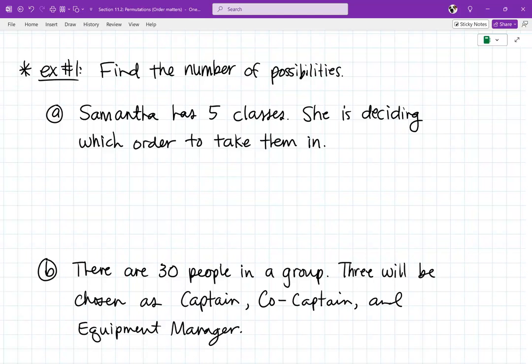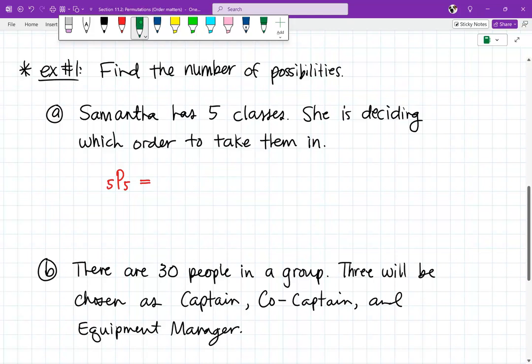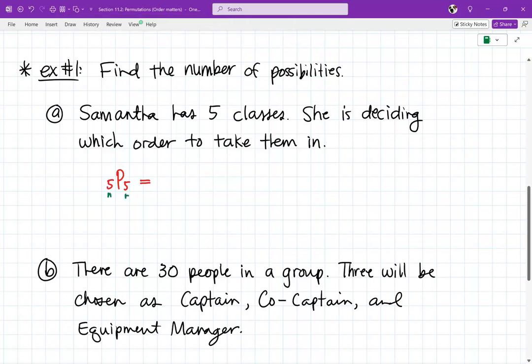So for part A, Samantha has 5 classes. She is deciding which order to take them in. This is how I would write the problem: 5 permute 5. Now, remember, this is your n and this is your r.